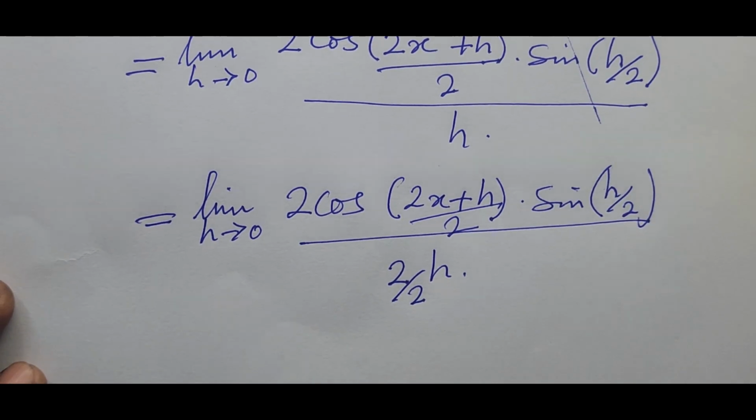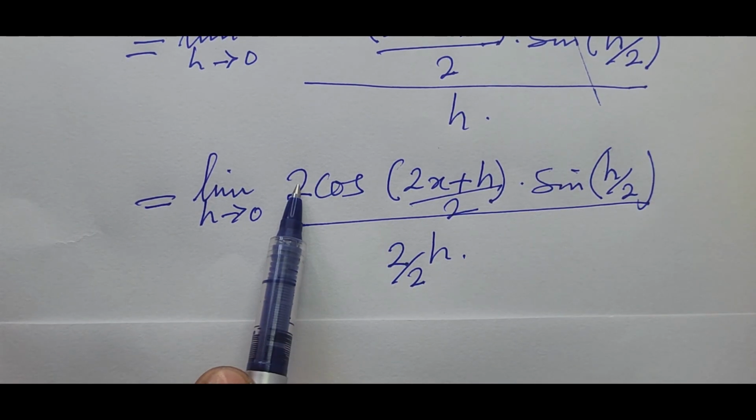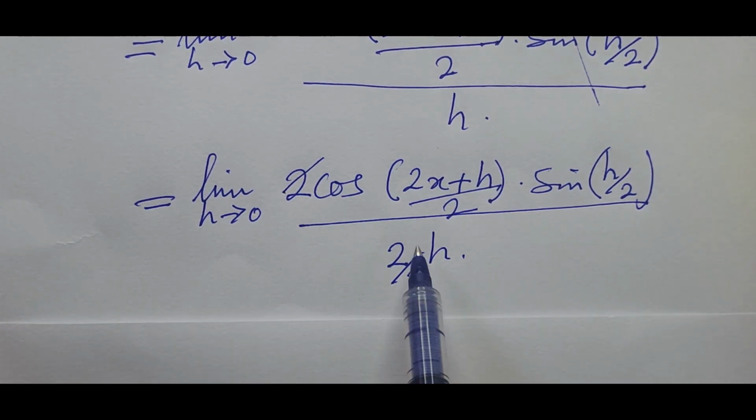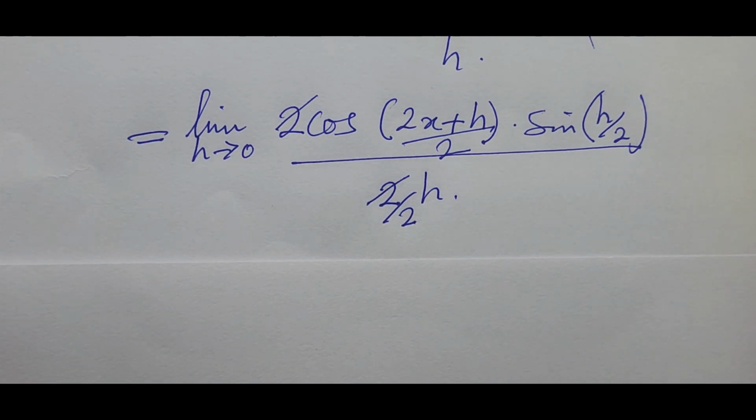I believe there's no confusion here, right? Good. Look at this expression we have here now. We can use these two to cancel out these two. So if we have that cancelled out, what happened?